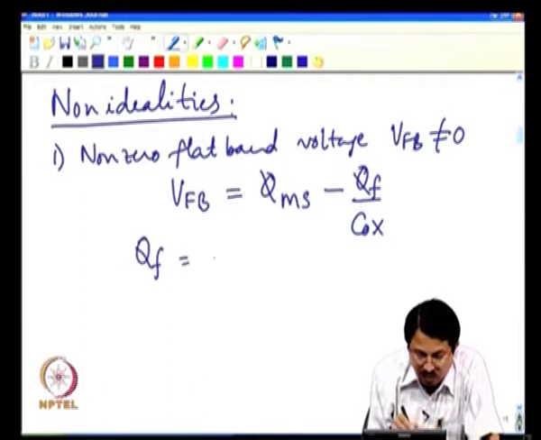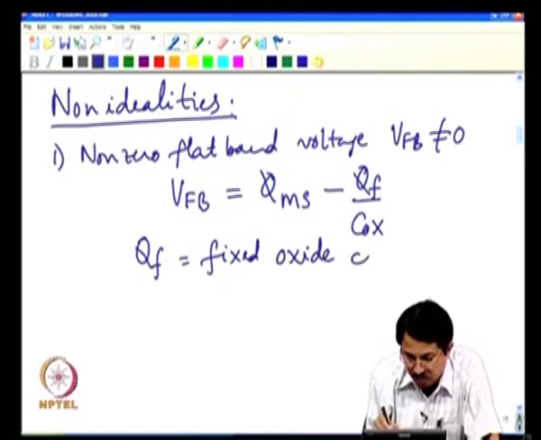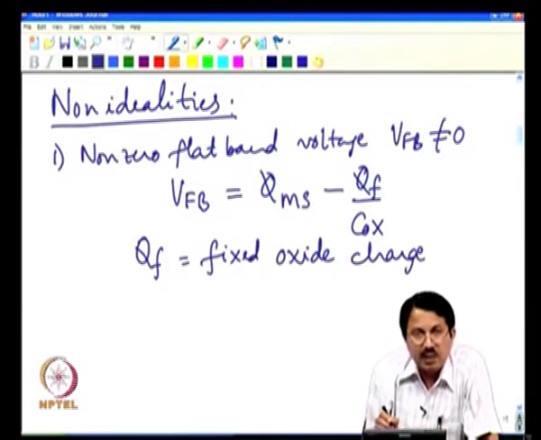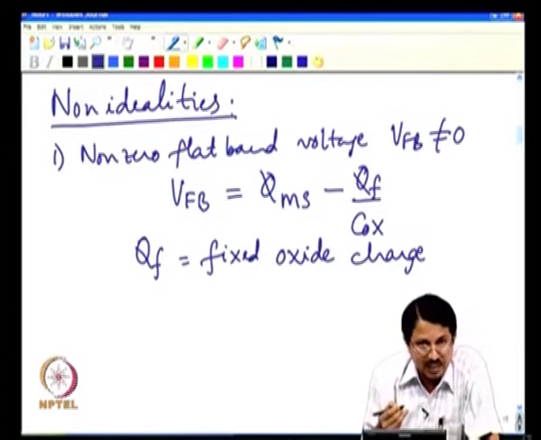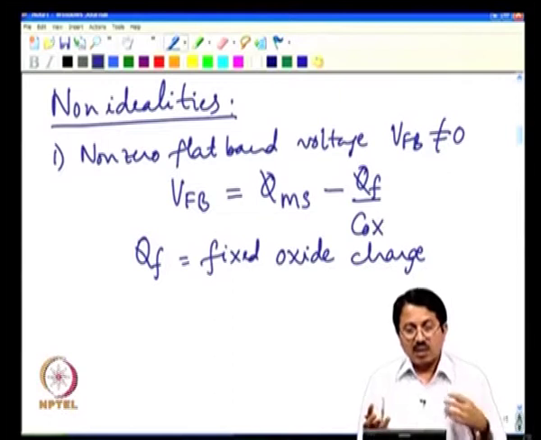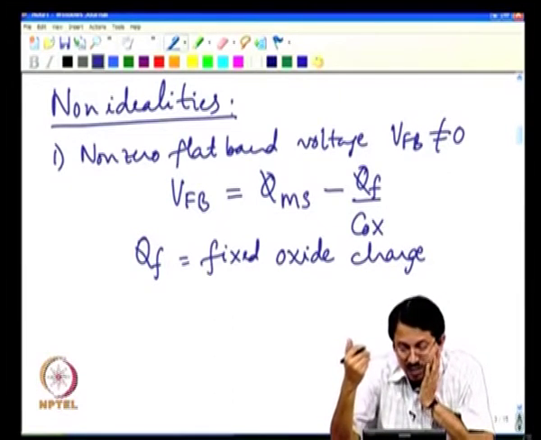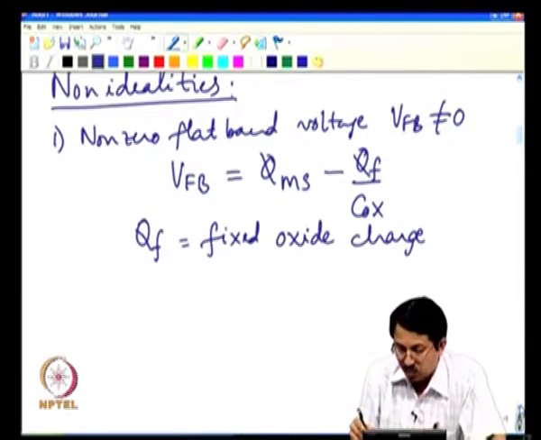QF here refers to fixed oxide charge, meaning oxide is also not perfectly ideal. Ideal oxide will not have any charge inside it, but a non-ideal oxide can have some non-zero charge inside it, and that would also impact your capacitance voltage curve.